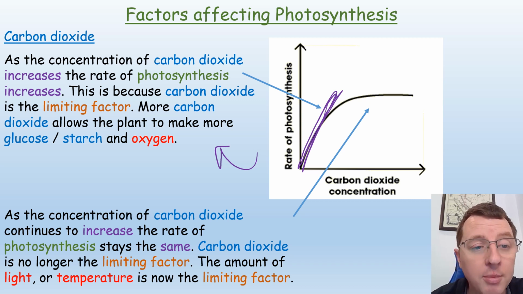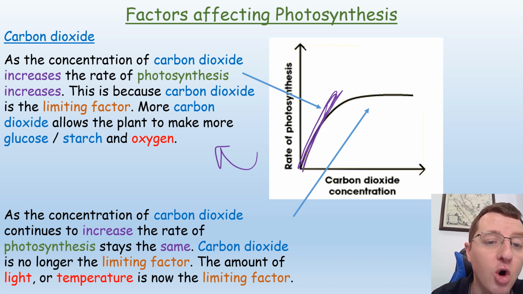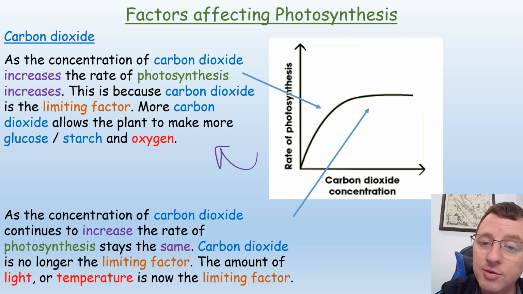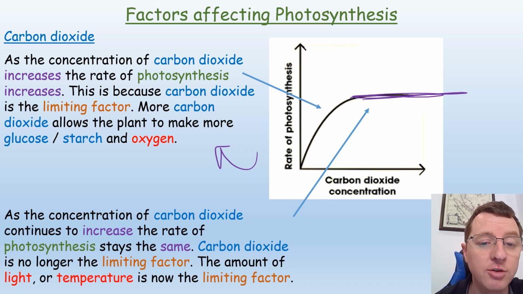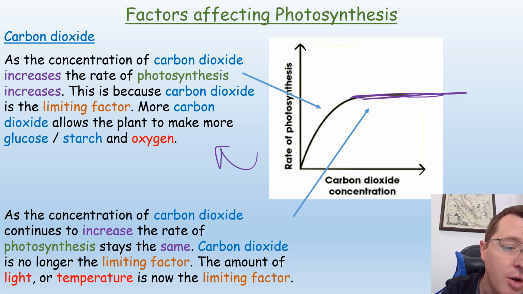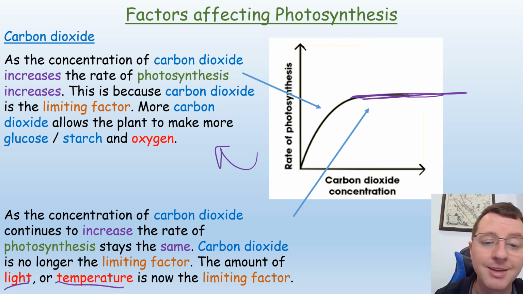So more carbon dioxide will allow the plant to make more glucose and more starch. But by the time we get to the second part of the graph, there is an excess of carbon dioxide. So as the concentration of carbon dioxide continues to increase, the rate of photosynthesis stays the same. Carbon dioxide is no longer the limiting factor. The amount of light or temperature is now the limiting factor.